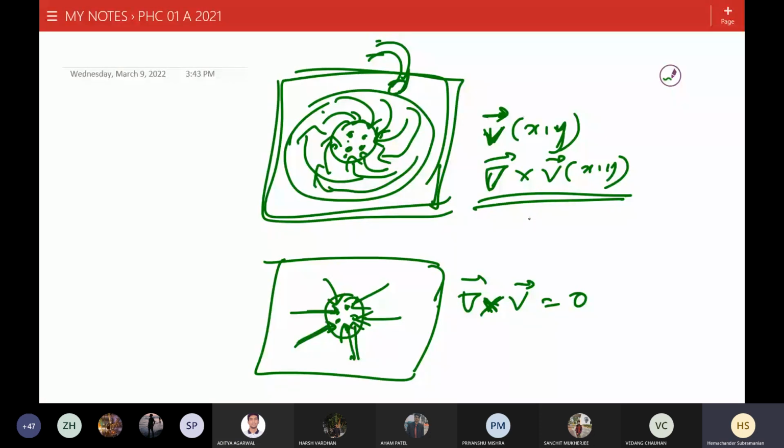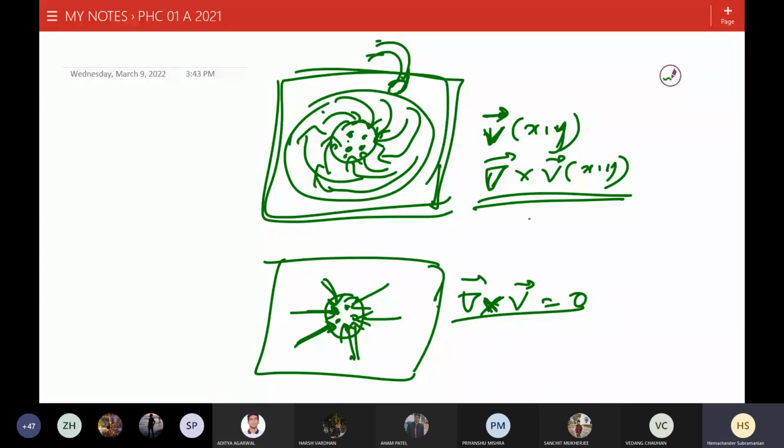There is no circulation, and then you will get a zero. So basically, curl gives you an idea of how much circulation there is. Does it make sense? If there is any question, do let me know.